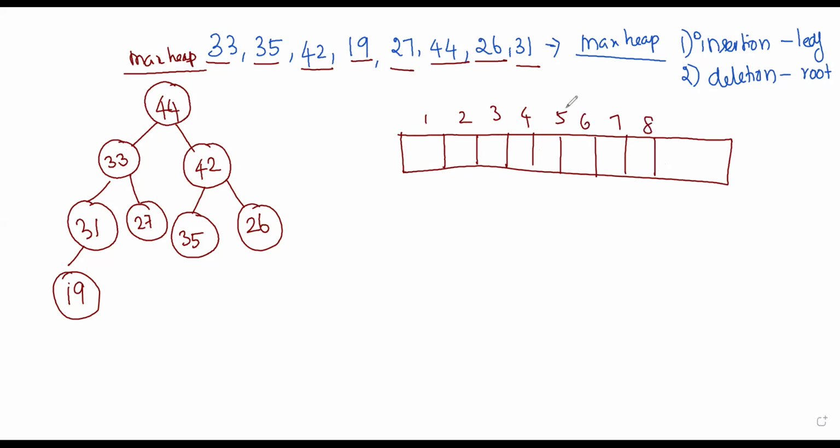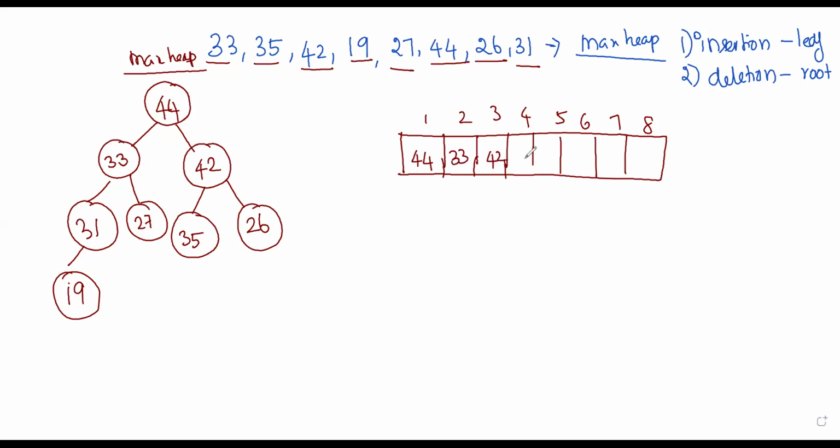So these are the array. First, 44 was there, is here, and 33, 42, 31, 27, 35, 26, and 19.